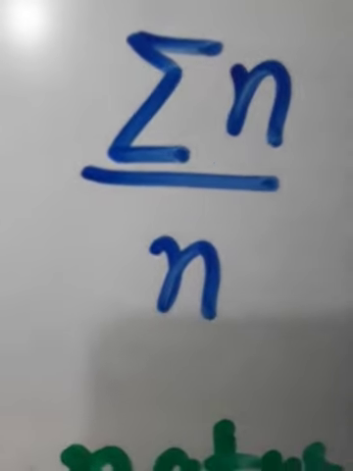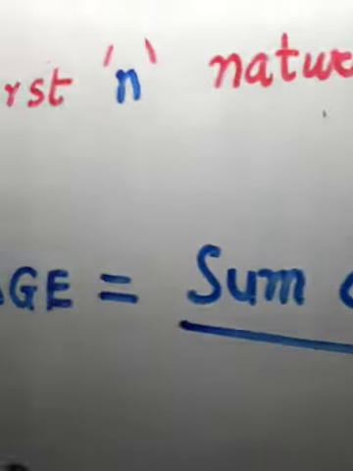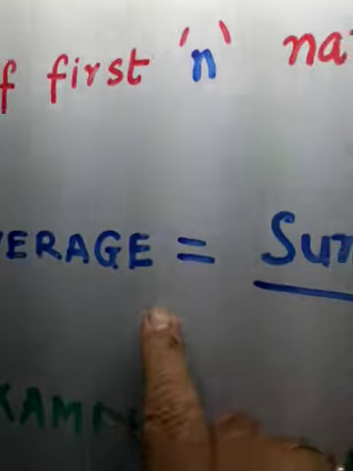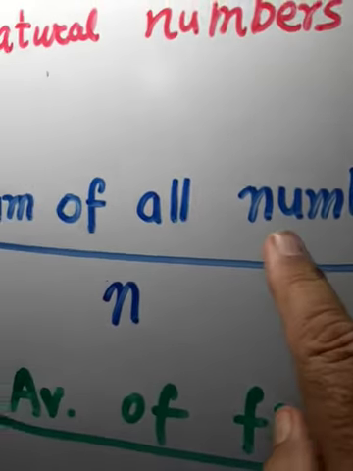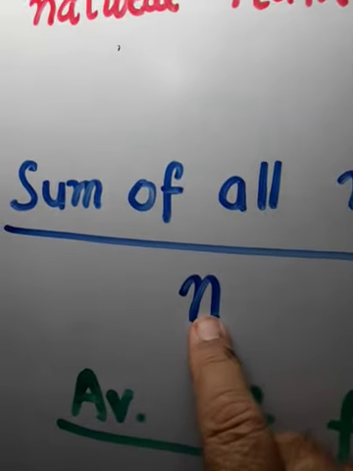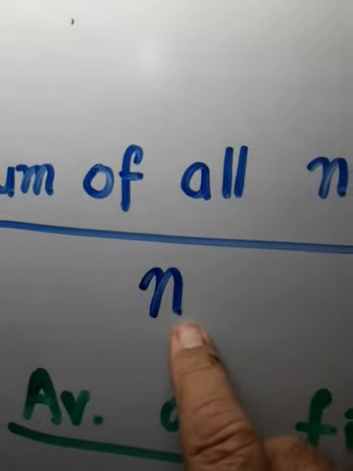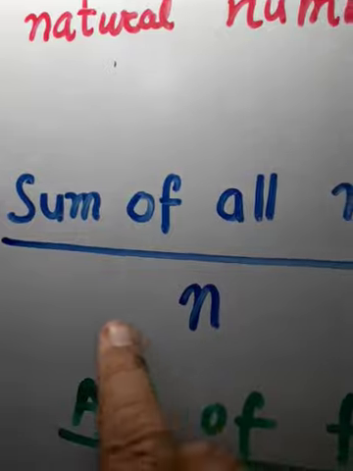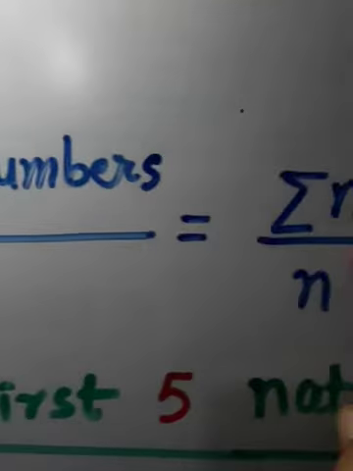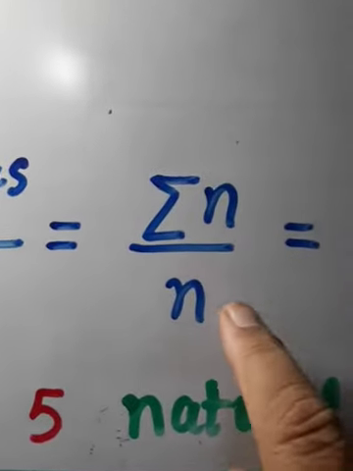As you know, the formula for average is sum of all numbers divided by number of observations. So the total number is n, and the sum of all the numbers, sigma n, divided by n.